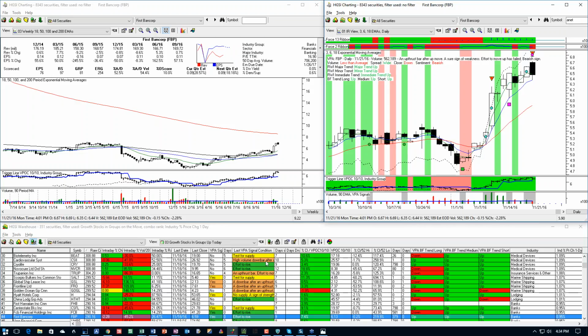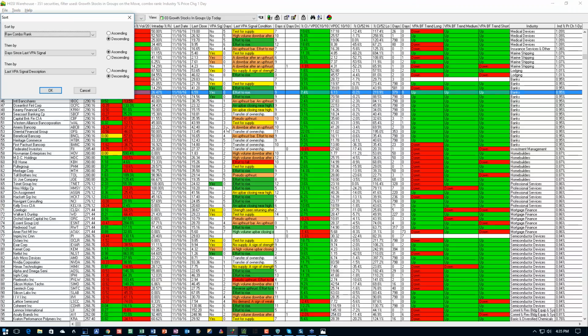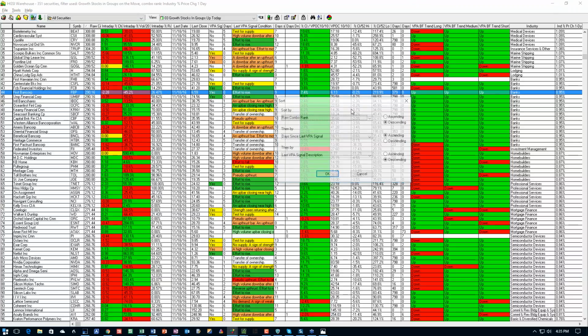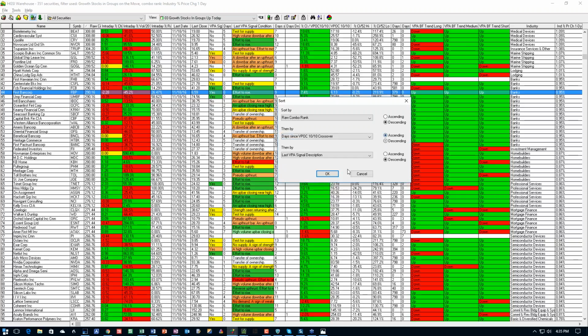So you can not only scan on the days since the VPA signal, you can change that to days since the VPOC crossover, ascending.